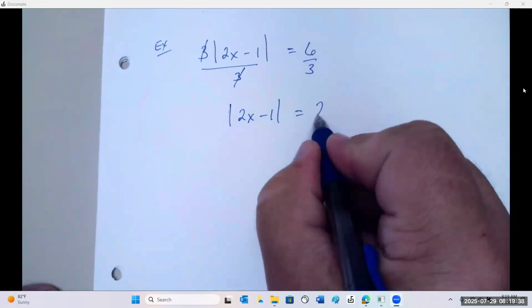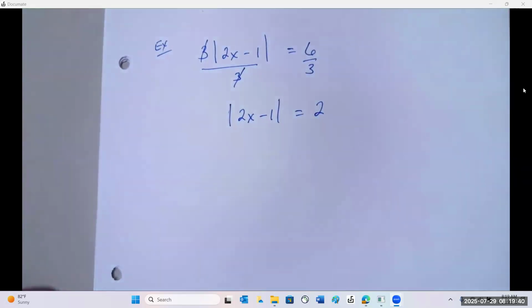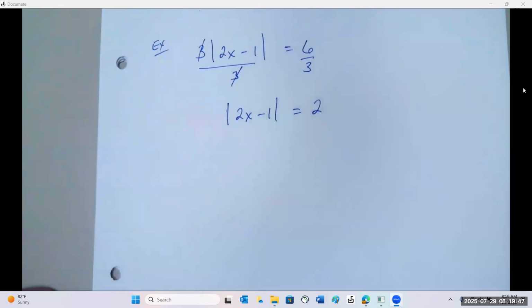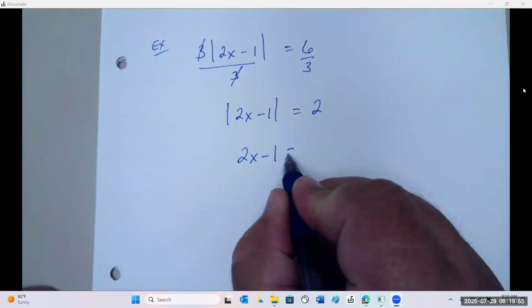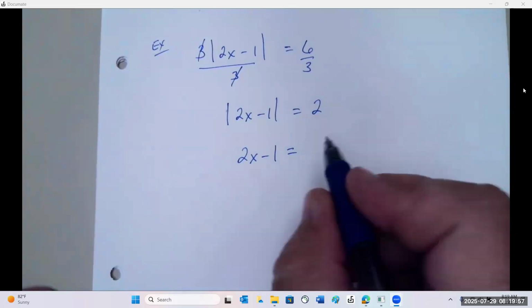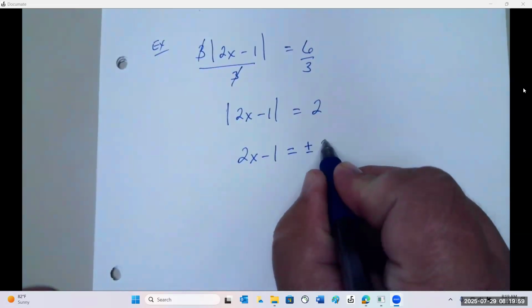6 divided by 3 is 2. Is it isolated? Yes. There's nothing in front of it, behind it, above it, or below it. So what do I do now? I drop the absolute values. When I drop the absolute values, what do I do to the other side? I put a plus or minus.